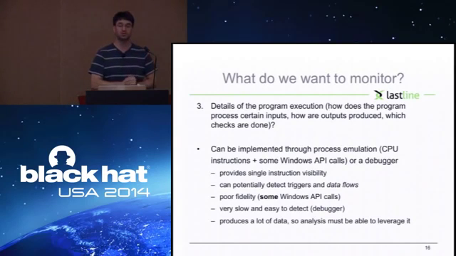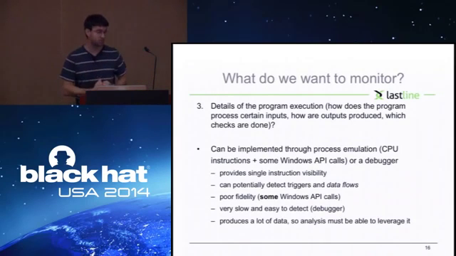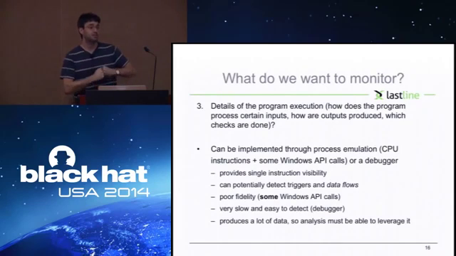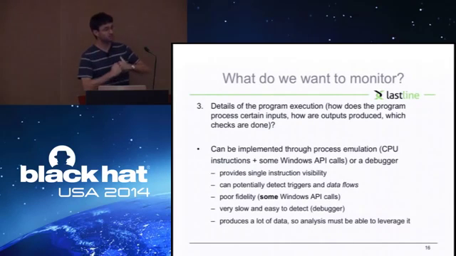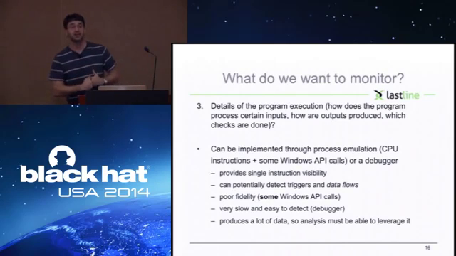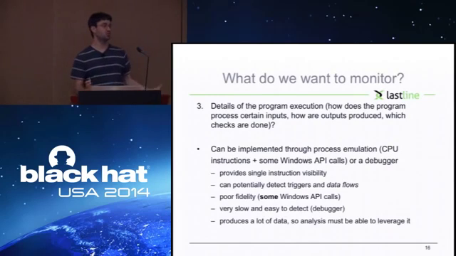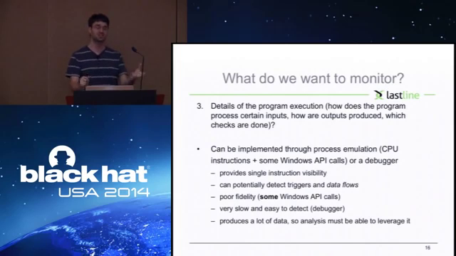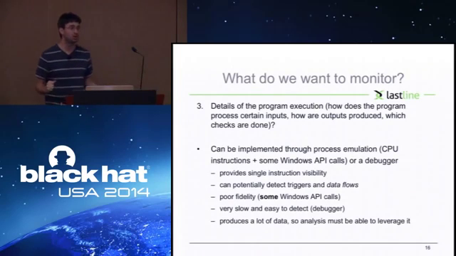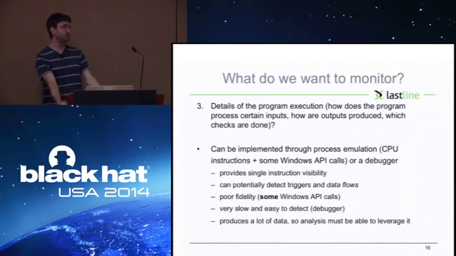The problem is that the way these process emulators are implemented, they lack what we call here fidelity. When the program interacts with the operating system and you have emulated the operating system, so you're not using the real operating system, you have just written some stub functions that try to mimic some of the things the operating system can do, then you're basically incomplete.